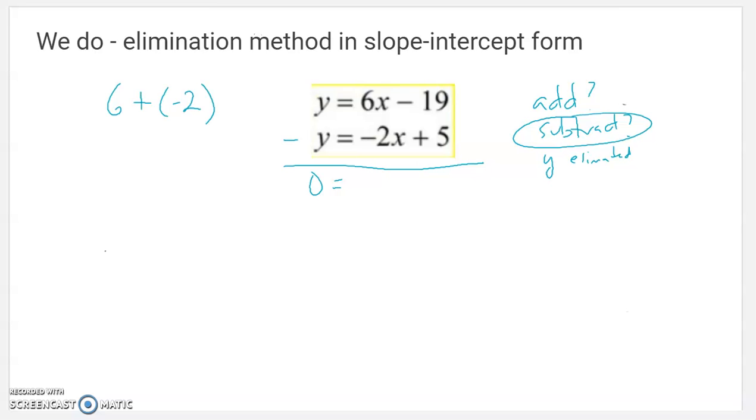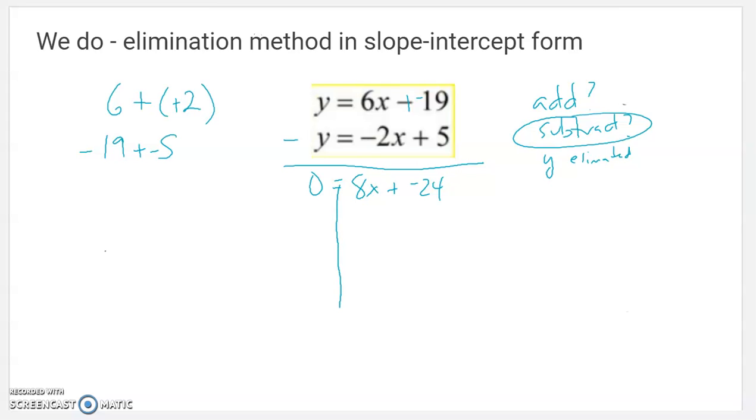That's the same as 6 plus positive 2. And, I didn't add the opposite here. Let me do that. Negative 19 minus 5. That's the same thing as negative 19 plus negative 5. That is negative 24.